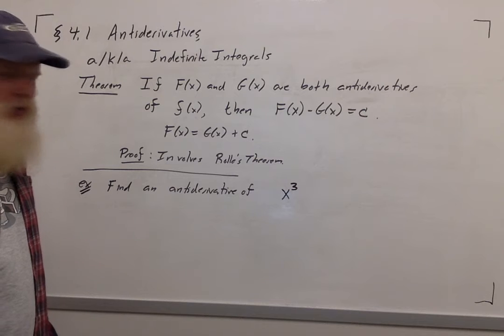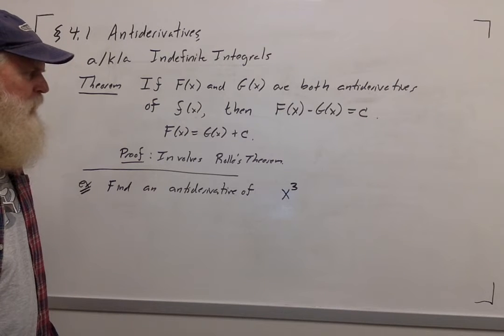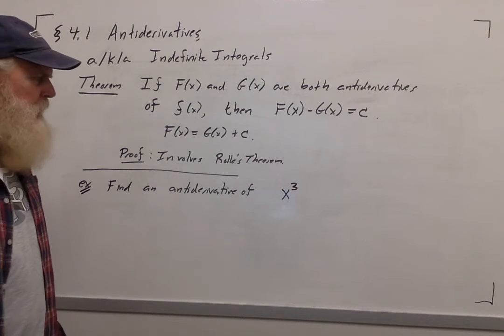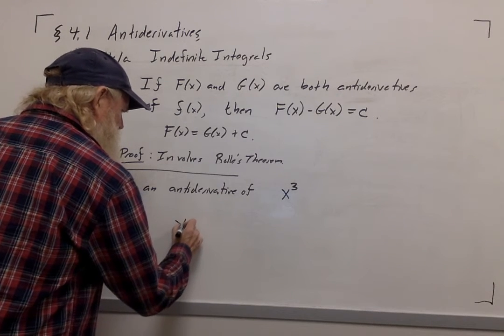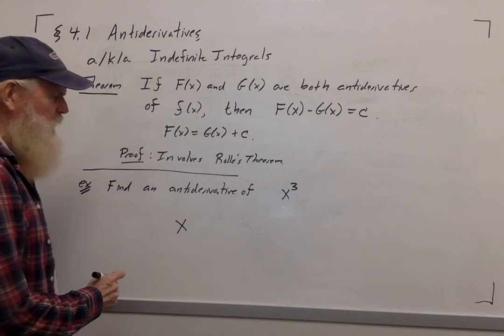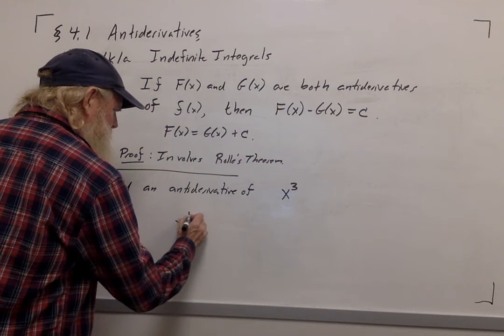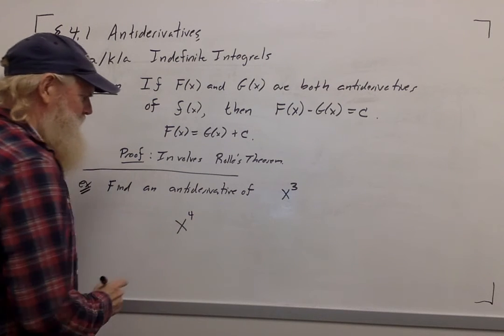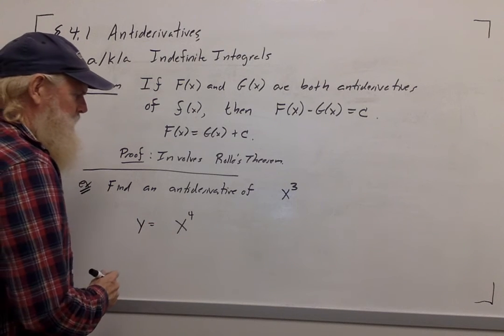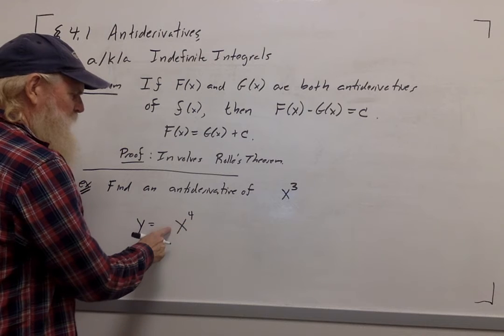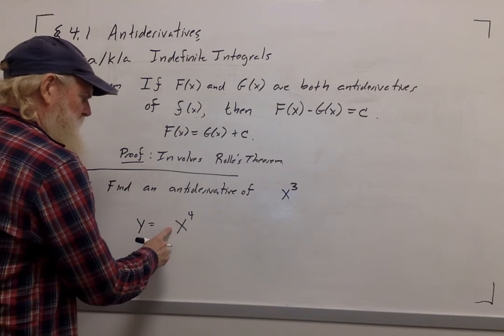In other words, I want you to find some function whose derivative is x cubed. Let's think about that. When I differentiate using the power rule, I have to subtract 1 from the exponent. So that must mean that my antiderivative is going to involve an x to the 4th. But when I differentiate x to the 4th, I get 4x cubed instead of 1x cubed.